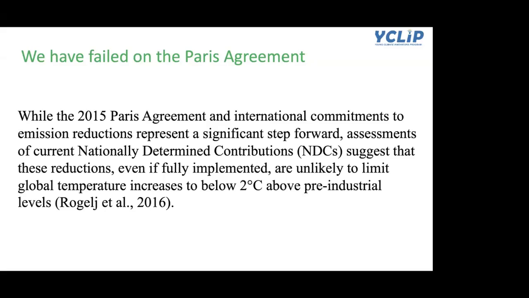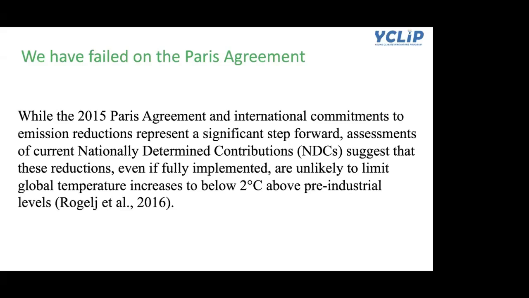We have failed because even the nationally determined contributions, which we say NDCs, suggest these reductions, but even if they are fully implemented, it's not likely that the global warming will go below 2 degrees Celsius. This is 2024. As at 2023, we have reached 1.36.